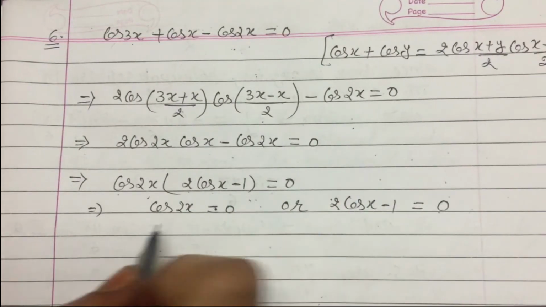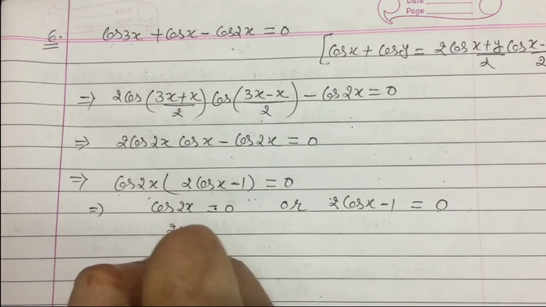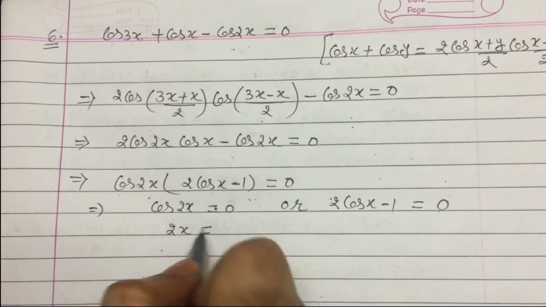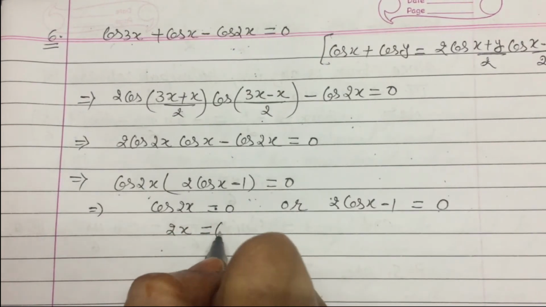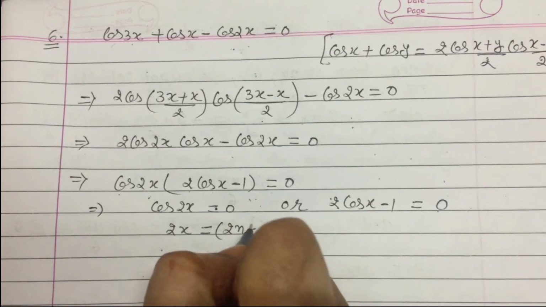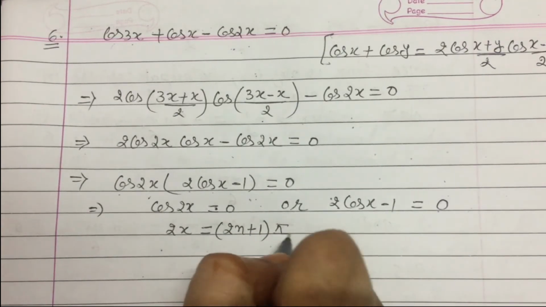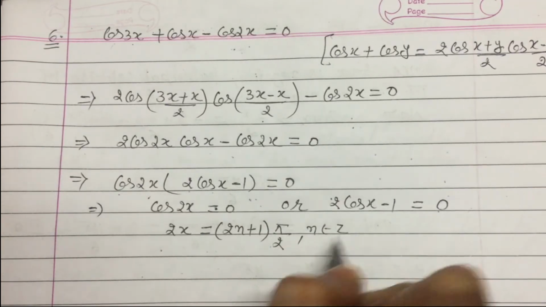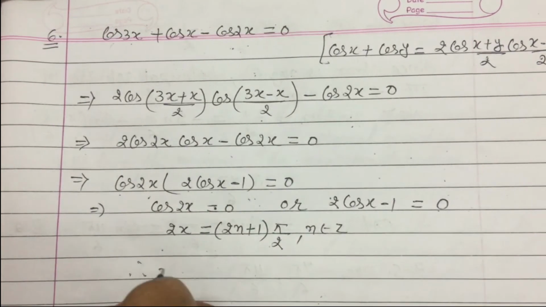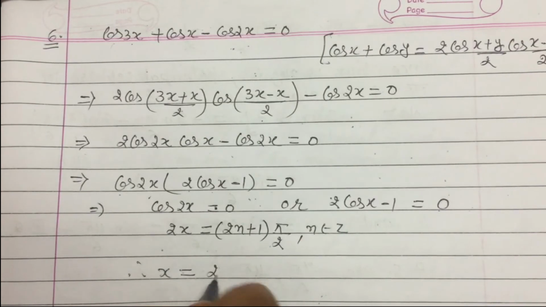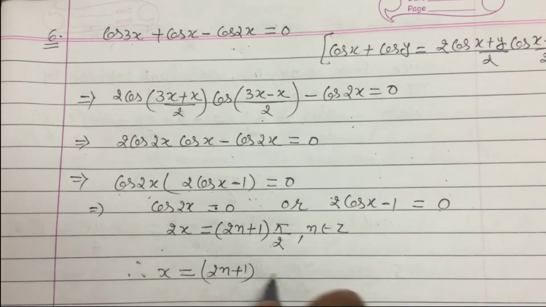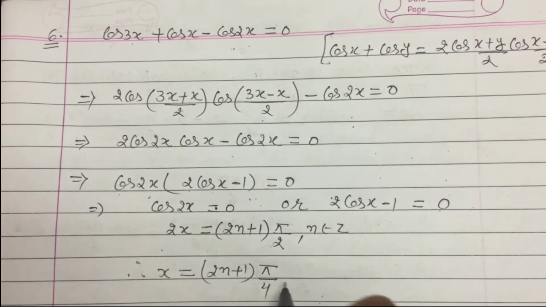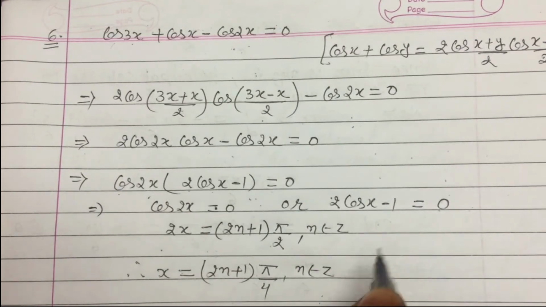From this factor you will get 2x is equal to (2n plus 1) pi by 2, n belongs to z, so x is equal to (2n plus 1) pi by 4 for n belongs to z.